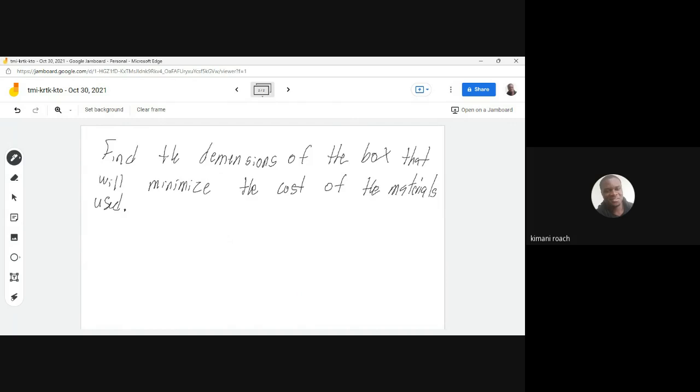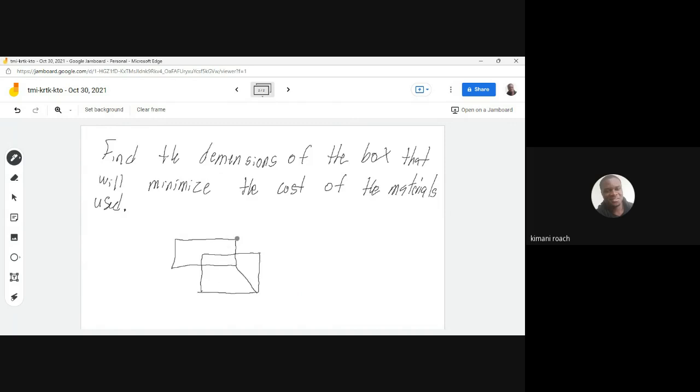Now, let us look at what we have to work with. So we're building some box, and I always like to visualize what I'm building. So I'm going to go ahead and draw my box.